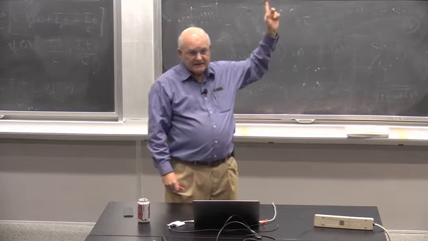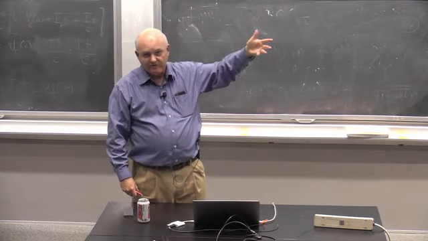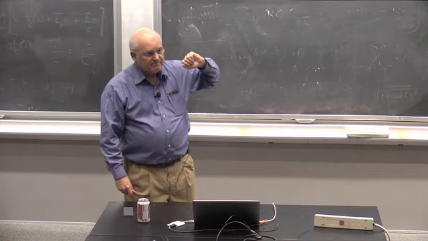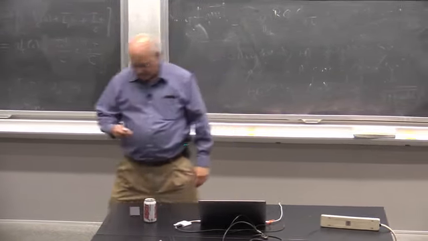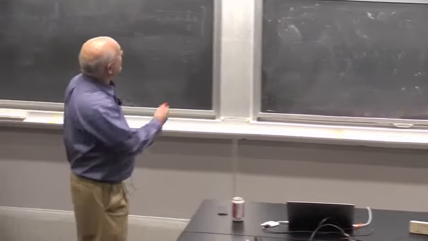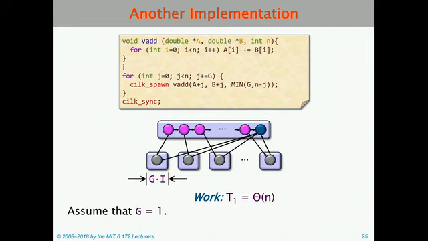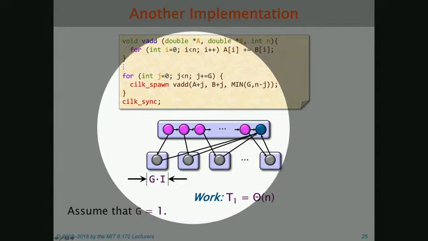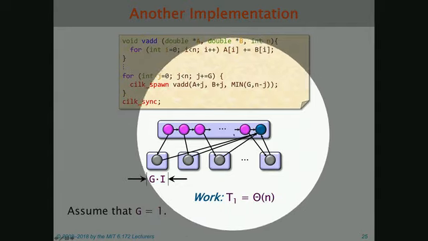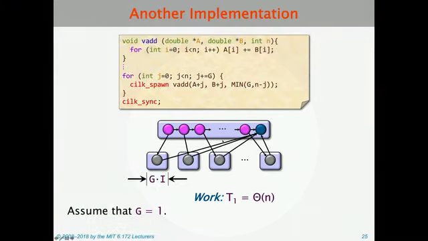The only difference is that in the inner loop, I'm actually spawning off work. So here the work is order n, because if G is 1, I'm spawning off one piece of work each time. So I've got order n work up here and order n work down below.